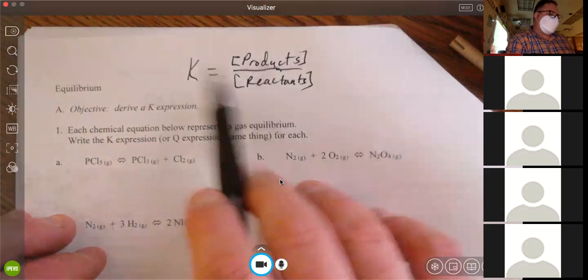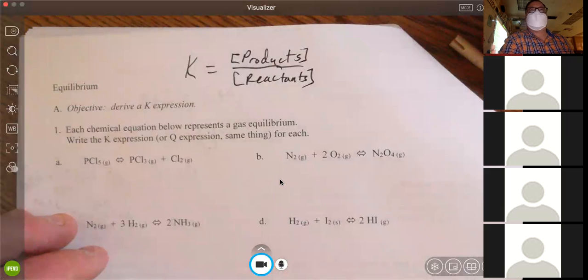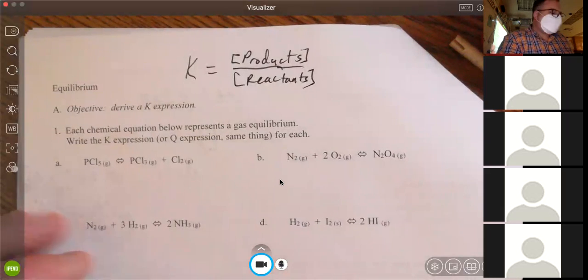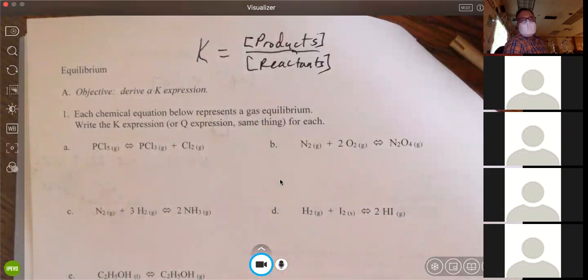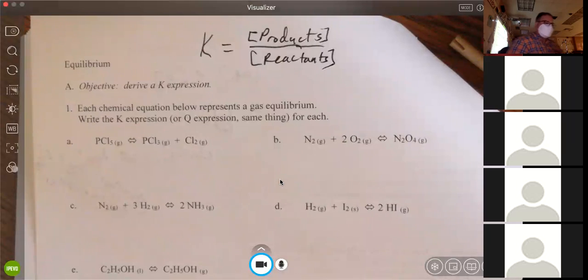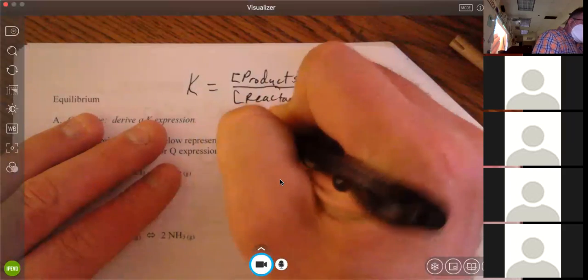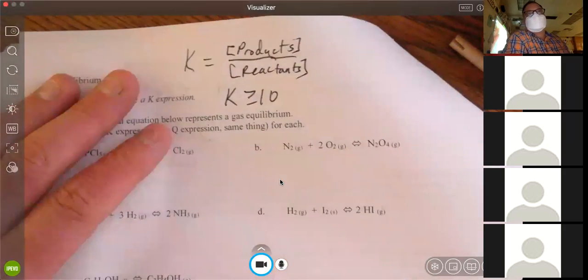So if K is 1, then that means that the ratio of products to reactants is what? 1 to 1. If K is greater than 1, that means we have more what at equilibrium? Products. And if K is less than 1, that means we have more reactants. Good. If K is 10 or greater, that reaction pretty much goes to completion.